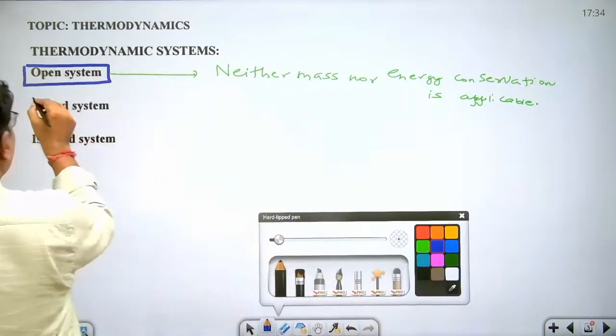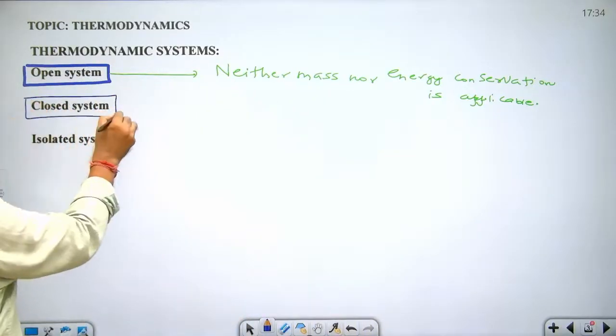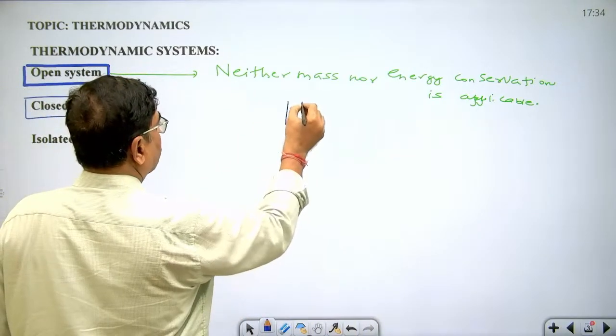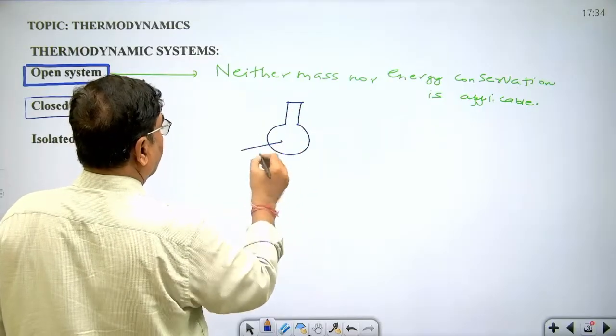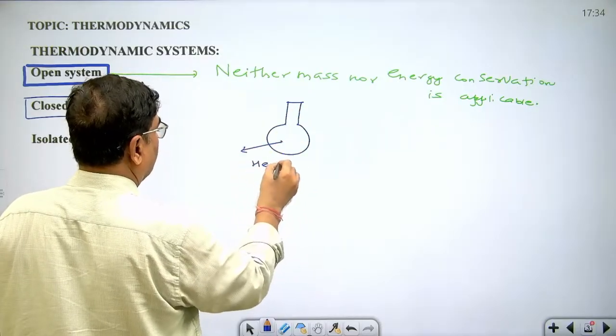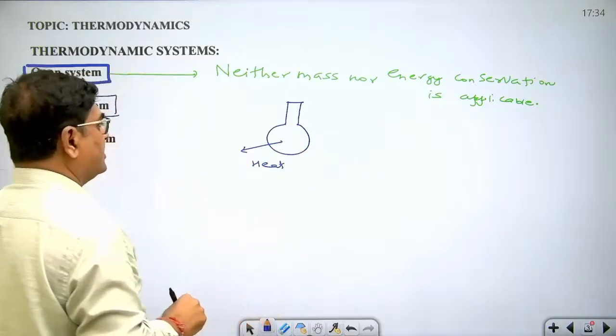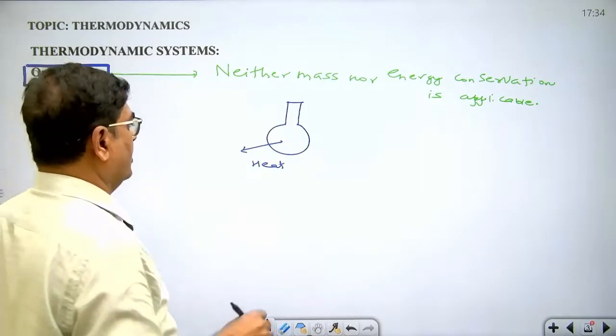In case of closed system, for example, this is a glass bottle. So heat exchange is possible, but mass exchange is not possible because this is a closed bottle. Okay.